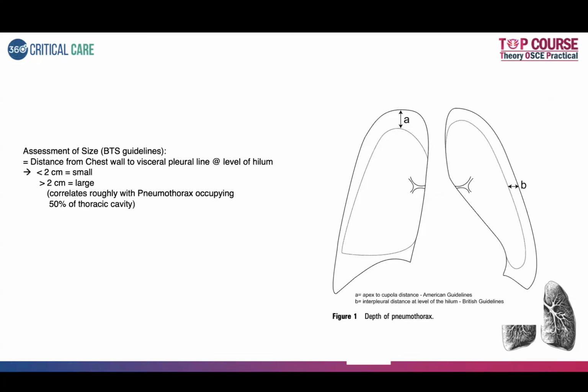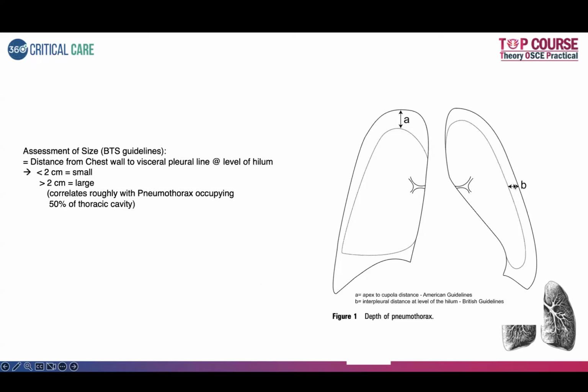So the next question, which is usually asked, especially in the radiology station, is assessment of the size of a pneumothorax. There are various techniques of assessment, one of which should be at least noted by you. The British Thoracic Society guidelines have one technique whereby you assess the distance from the chest wall to the visceral pleural line at the level of the hilum.